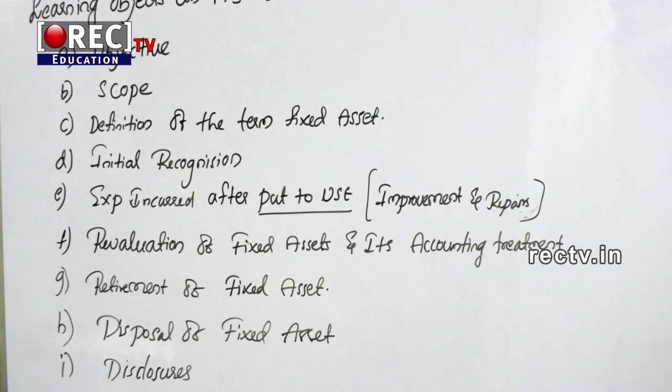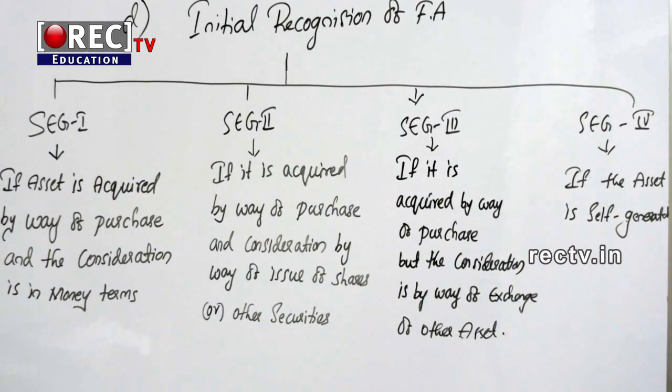Now D, initial recognition. This initial recognition is divided into 4 segments. Let us see what those 4 segments are. Segment 1, if the asset is acquired by way of purchase and the consideration is in money terms.